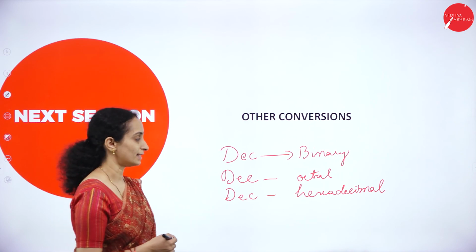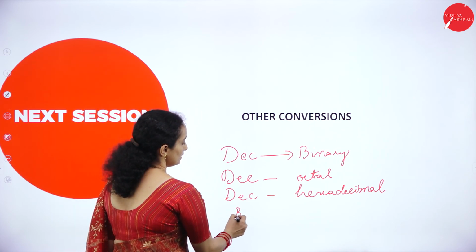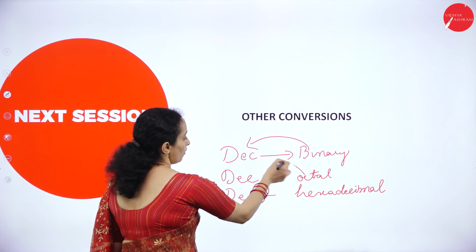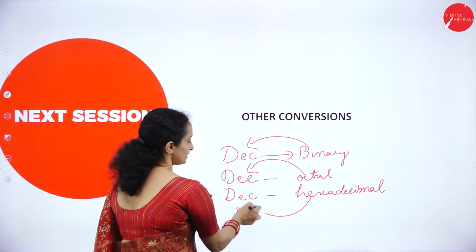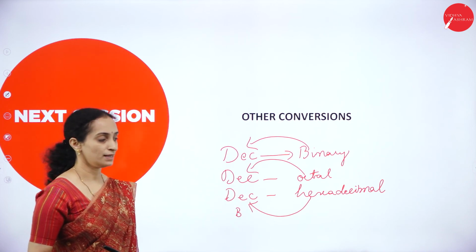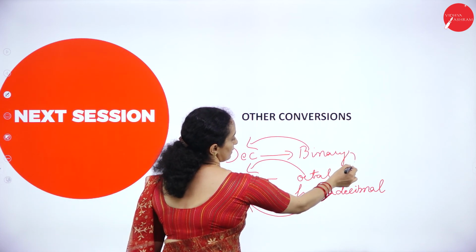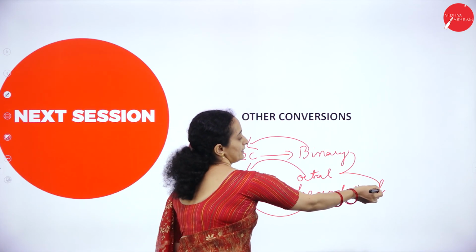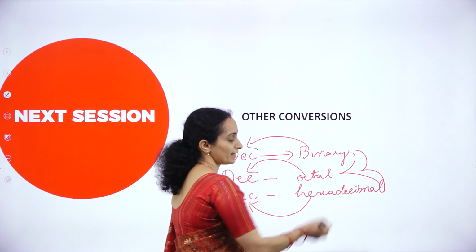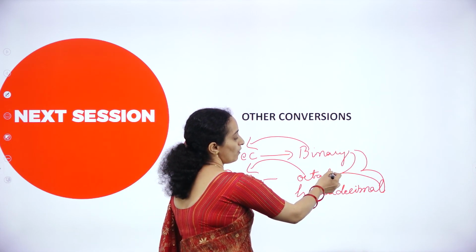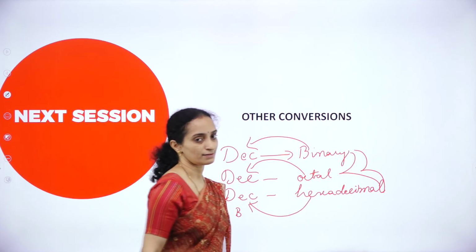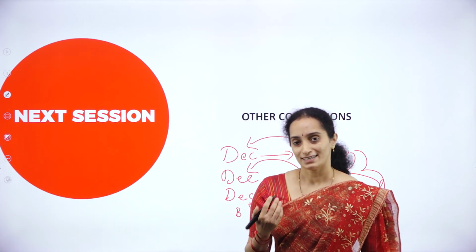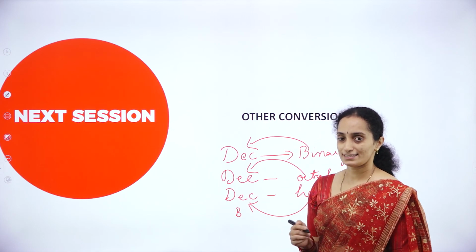In the next session, we will be discussing the conversion from binary to decimal, octal to decimal, hexadecimal to decimal, and interconversion: binary to octal and hexadecimal, hexadecimal to octal and binary, and from octal to hexadecimal as well as binary. So, we will be discussing the interconversion in the next session.